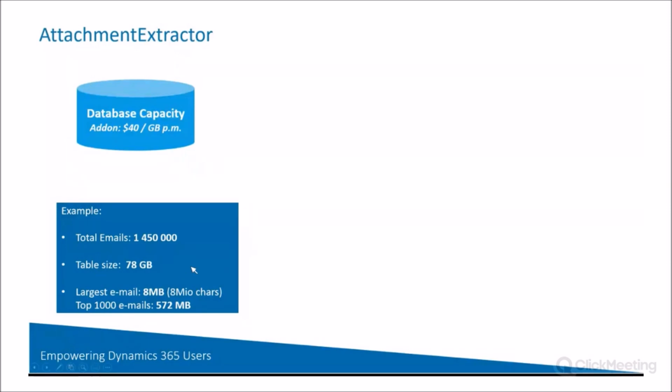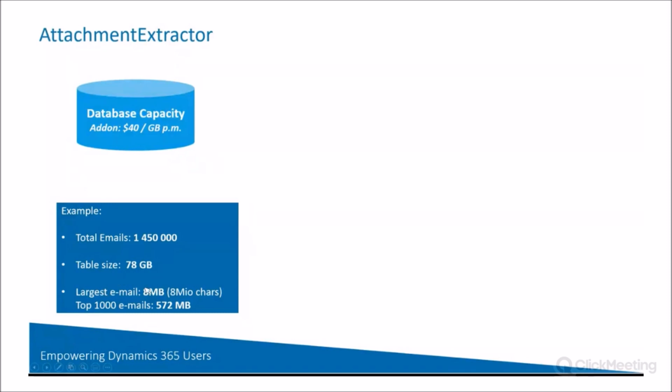A big example here is one of the customers that we started working with, using our product. They had a grand total of roughly 1.5 million emails. The activity pointer table size was 78 gig.